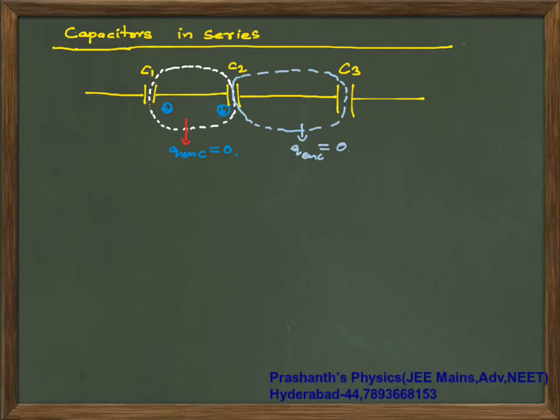So for that Q enclosed to be 0, if this is plus Q, this will become minus Q, this will become plus Q, this will become minus Q. So my point is, like how you have the same current for resistors, here Q remains the same for capacitors in series.